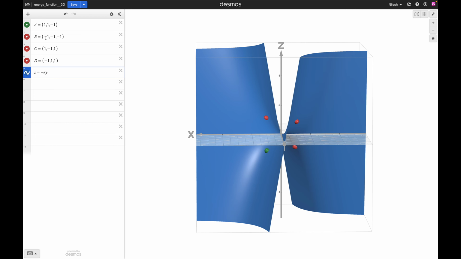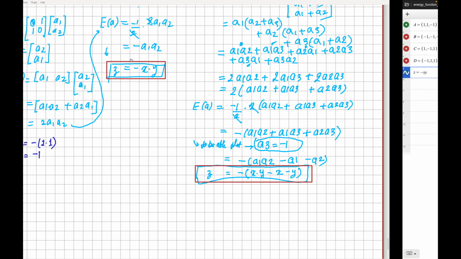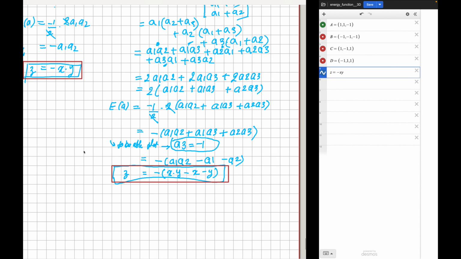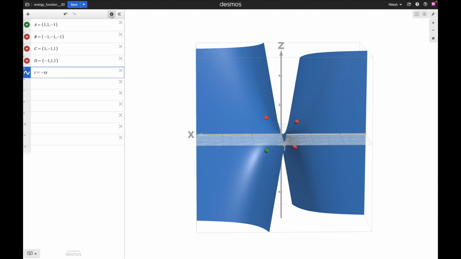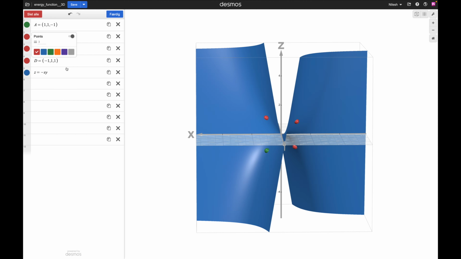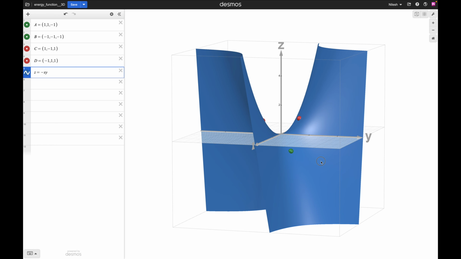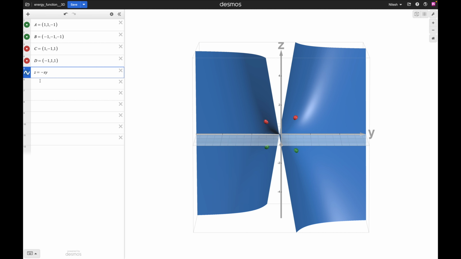If we change the values of A to -1, so if we say E of A is equal to -1, -1, then again what we get is -1 times +1 with the minus, so we again get -1. So this point B should also be in the valley of that particular energy surface, and we do see that is the case. So both of these points are in the valley.